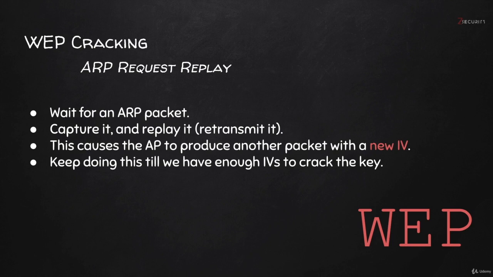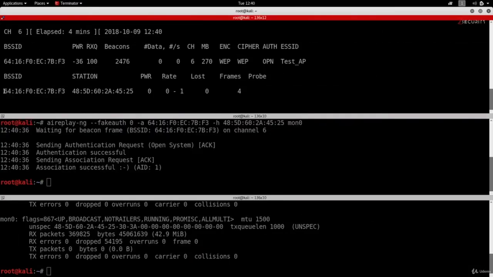So, by repeating this process, we will be forcing the router to continuously generate new packets with new IVs. Then, once we have enough data, once we have enough IVs, we can run aircrack-ng exactly as we've seen before and crack the key. So let me show you how to do this in practice.